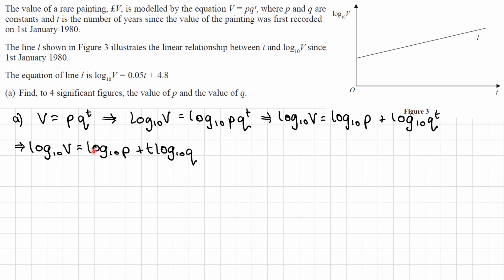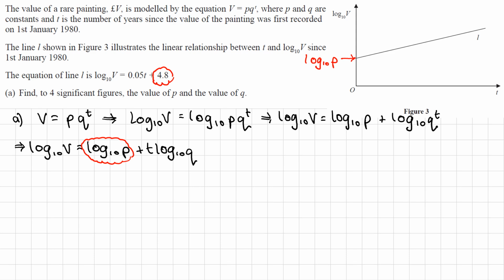Now I can match up what I've got here with the equation, which is also log to the base 10 V, and use that to match up p and q. Right, so log to the base 10 p matches with the intercept. So actually the intercept of this line is log to the base 10 p.